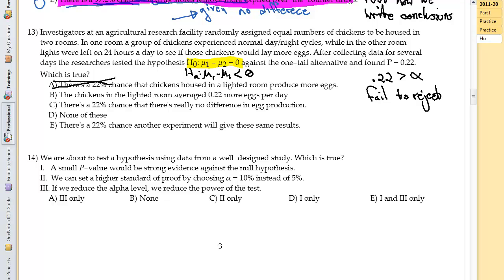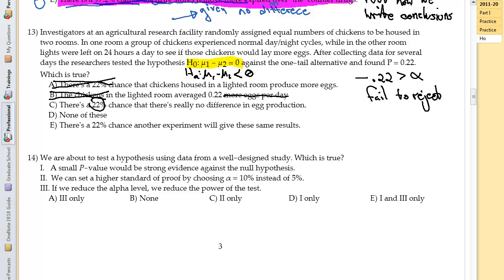The chickens in the lighted room averaged more eggs per day? No, bad language. So B is totally out. There's a 22% chance that there's really no difference in egg production. Again, this is one of those things where you would think, well, yeah, but it's not. It's not a 22% chance that there's really no difference. That's a pretty small chance.